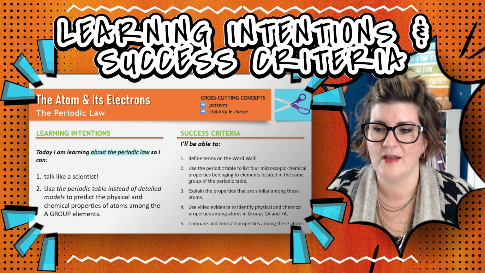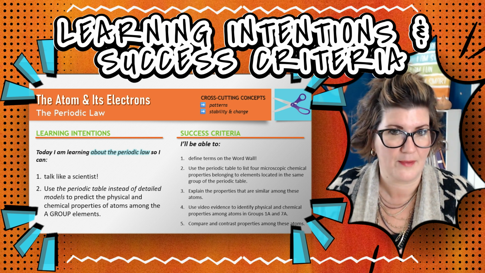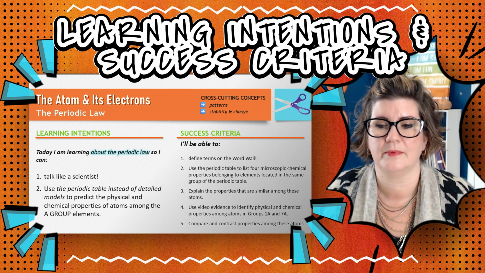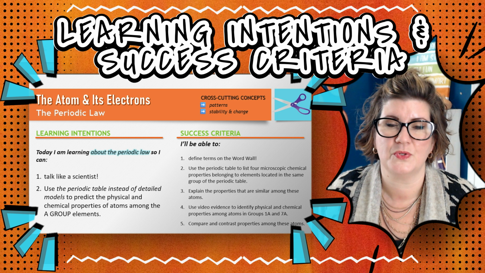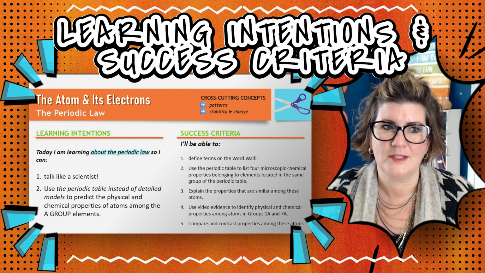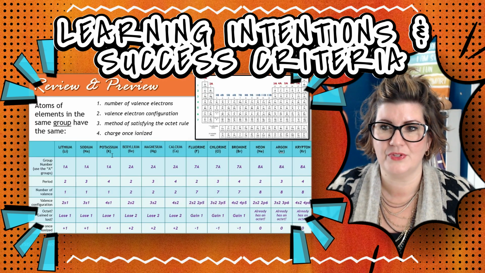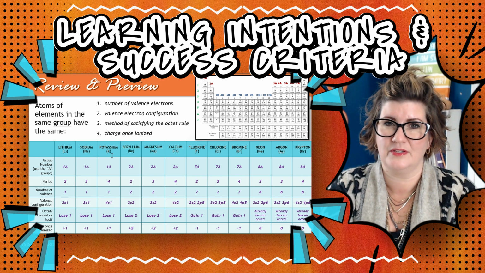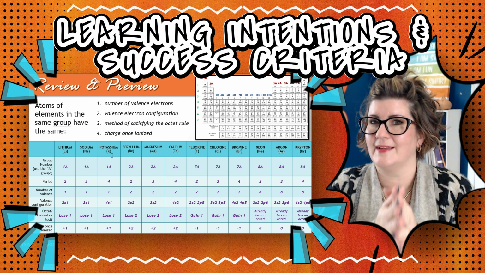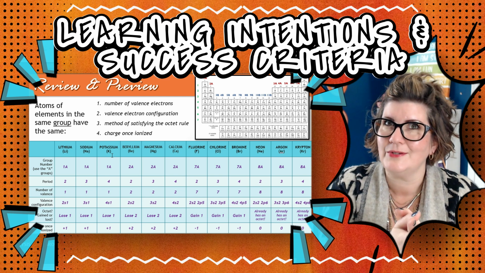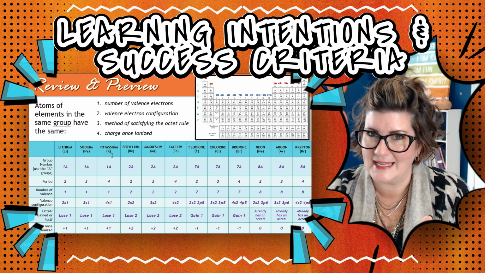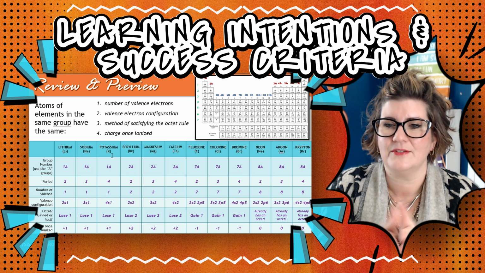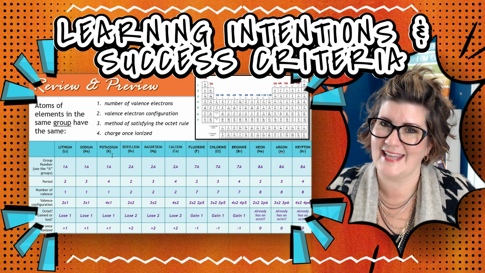So there's some video evidence to identify physical, not just chemical, but also physical property similarities among atoms in groups 1A and 7A. So that's part of the reason I chose this layout of elements. If you're watching this, you're probably a science teacher or a scientist. We would like, if possible, to always have triplicate evidence, but there's not enough room on the screen in this case.